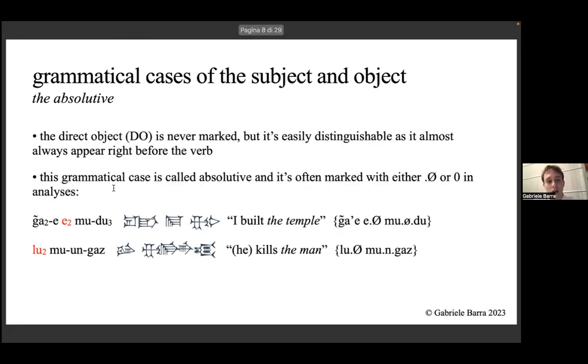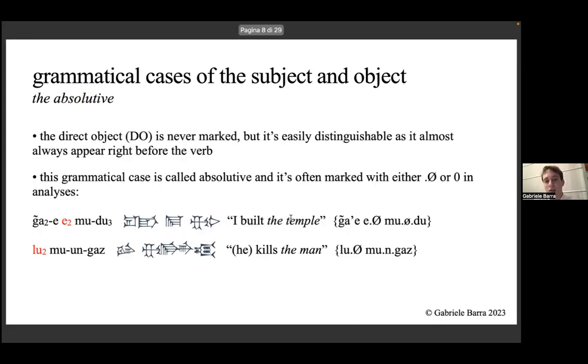Oh, by the way, I forgot to tell you. The absence of case, basically, because the accusative, so to say, is not a case as much as the lack thereof, is called the absolutive. So the object is always marked by the absolutive case. That's how we call it.